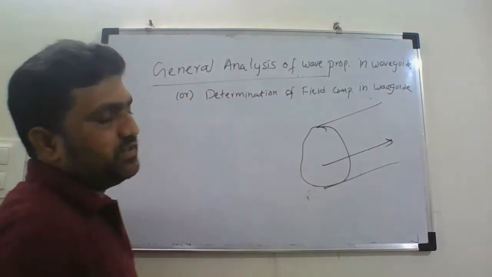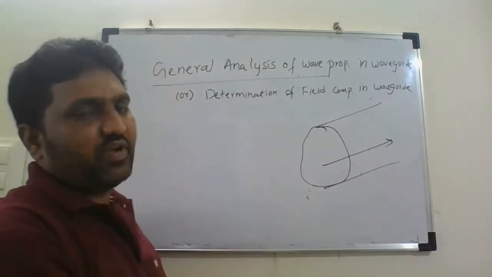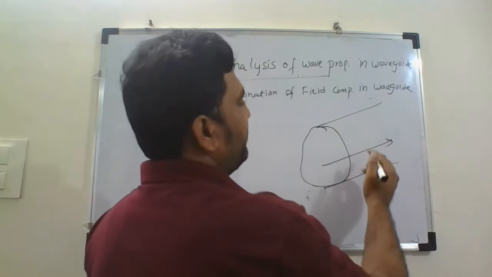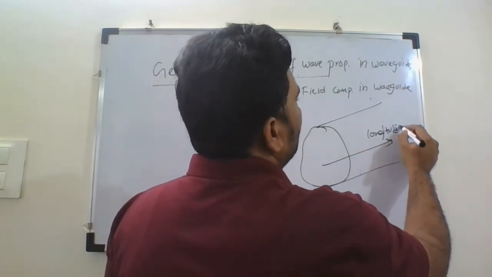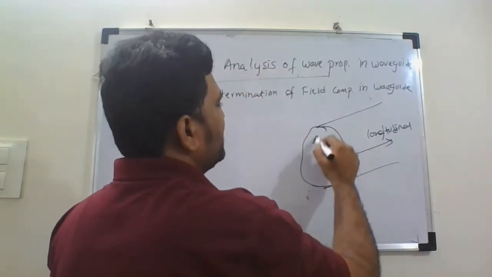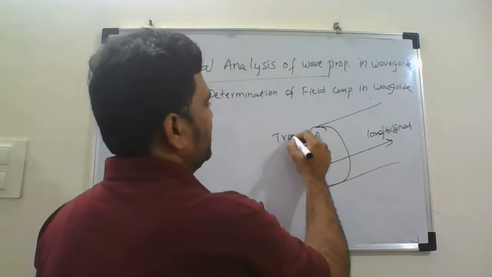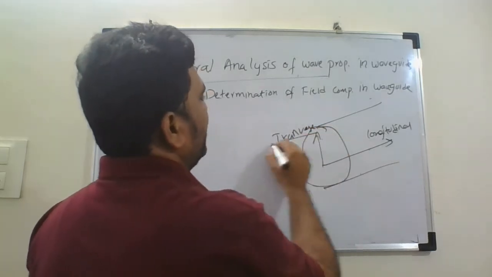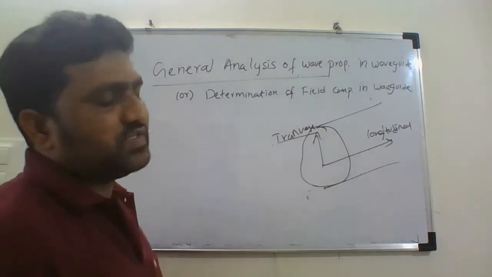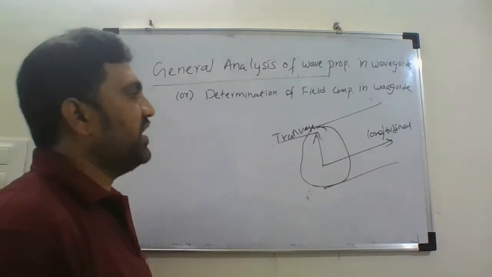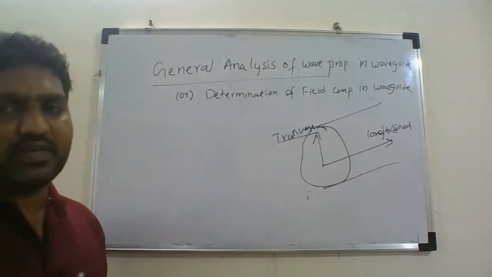One direction, which is along the length of the waveguide, is called the longitudinal direction, and the directions perpendicular to this longitudinal direction are called the transverse directions. So the longitudinal direction is along the length of the waveguide, and the transverse directions are perpendicular to it.